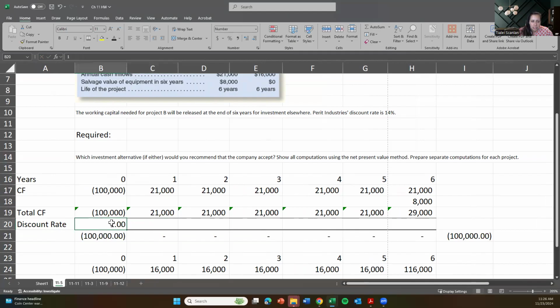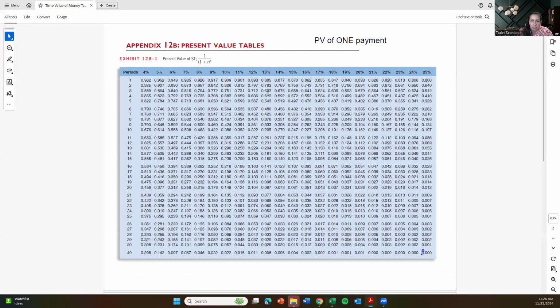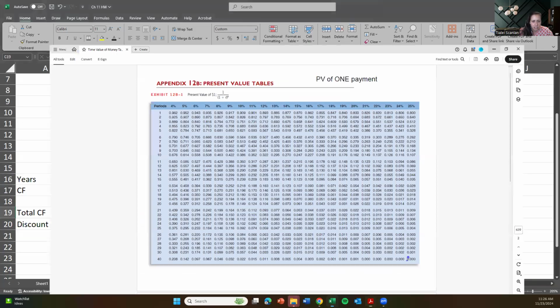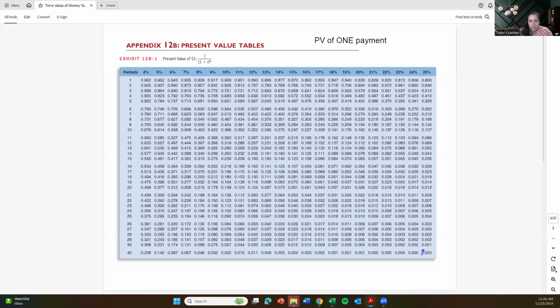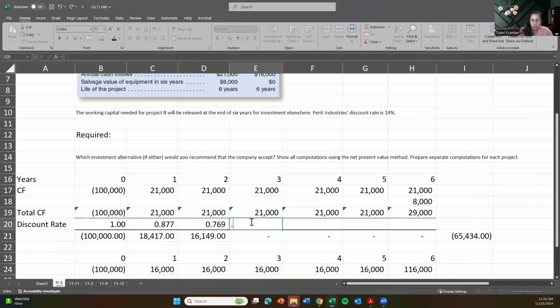And I'm multiplying the discount rate times the cash flow. So let's do 14% year 1. I have my time value of money here. 14% year 1 is 0.877, and then year 2, 0.769. Then year 3 and year 4, 0.675 and 0.592.